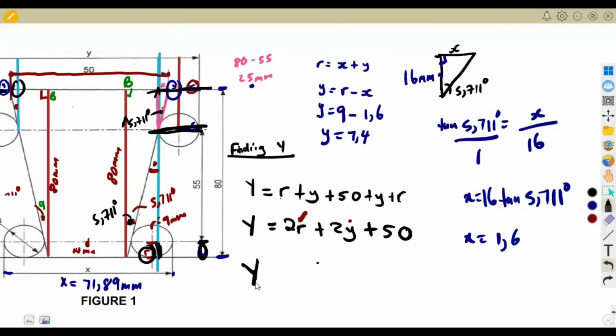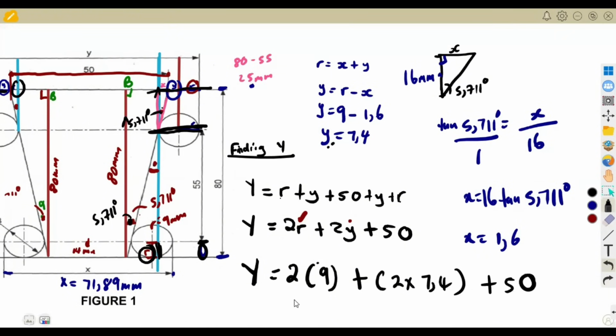This one is the y, or the one that we want. You can use letter G, you can use M, you can use N, you can use X, whatever you want there. So this is 2 times the radius, remember our radius is 9, plus the y that we have been calculating, which is 2 times 7.4, plus 50.